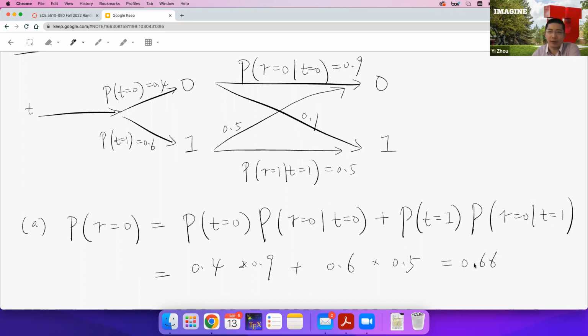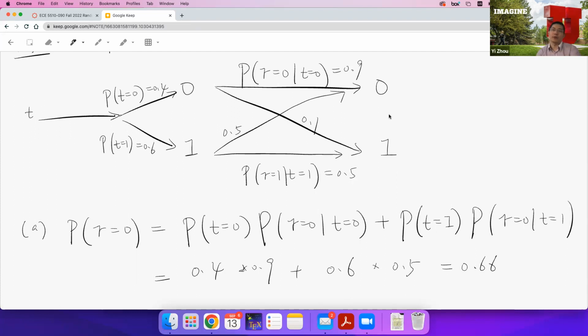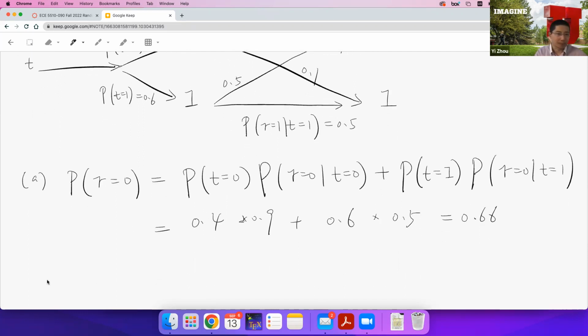So the final result is 66%. On the receiver side, we will have a 66% chance to receive 0.